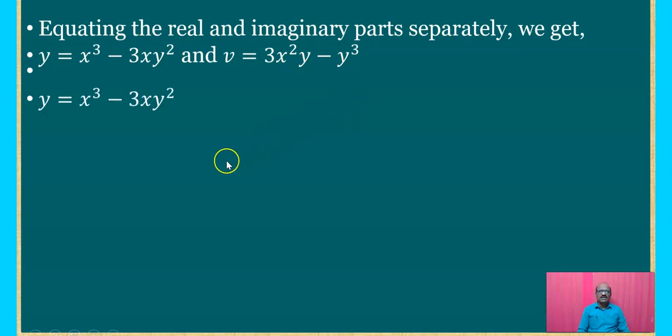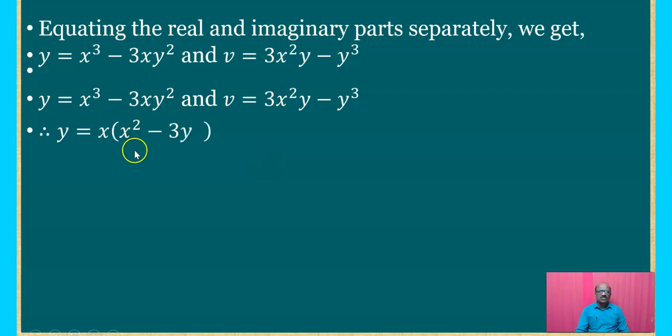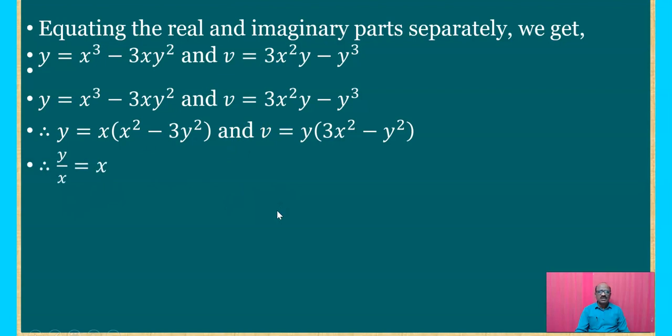Therefore, again, it can be written in this manner. Take x as common, and from this take y as common. We require u upon x and v upon y. See this here: u upon x is equal to x square minus 3y square, and v upon y is equal to 3x square minus y square.